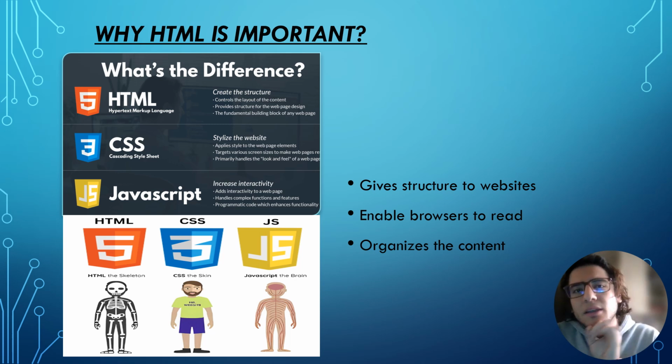Now I will explain why HTML is important with several explanations. First one is it provides structure. It organizes content like text, images, links, and multimedia for browsers to display.